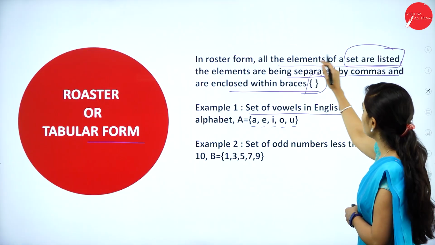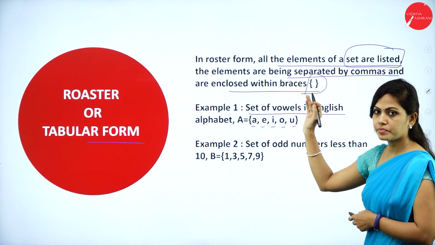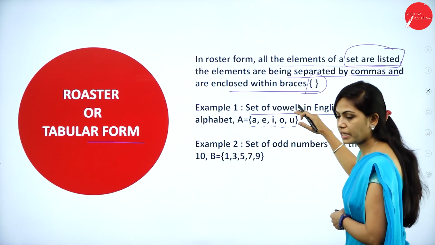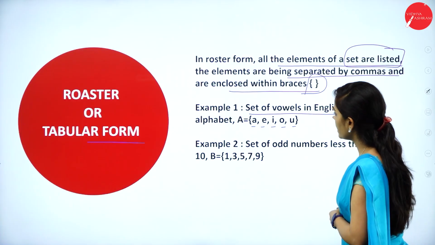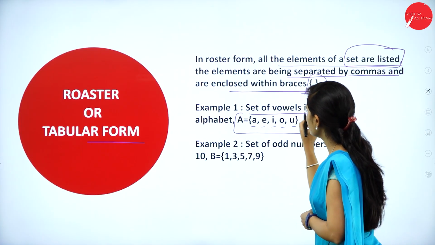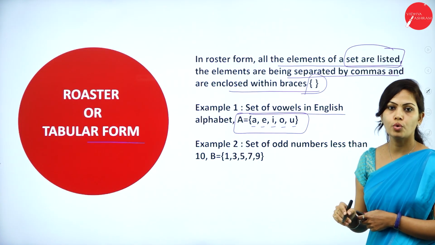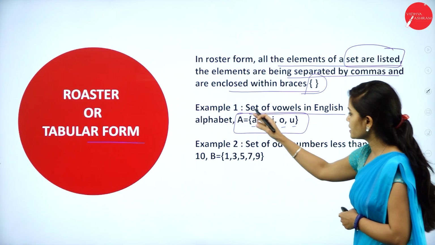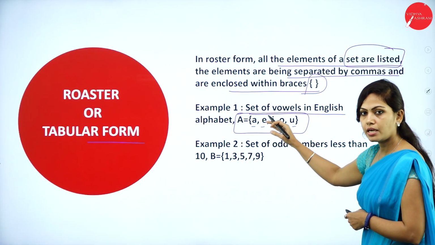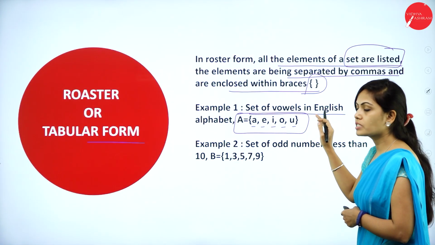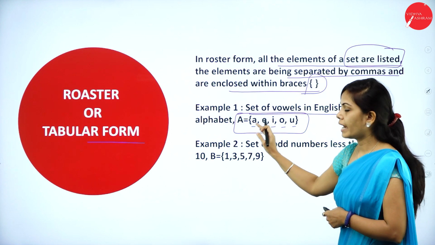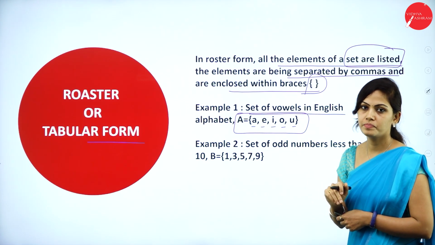That means the elements of a set are listed. That is A is equal to A, E, I, O, U, enclosed within braces and separated by a comma.